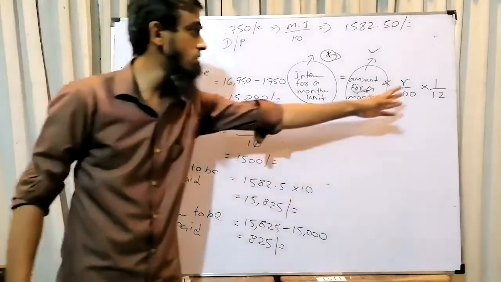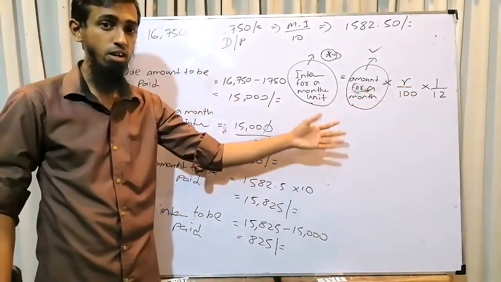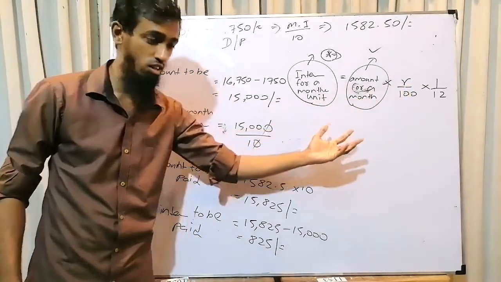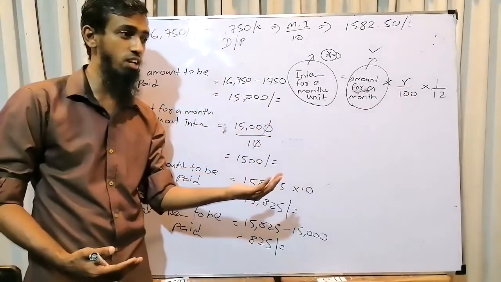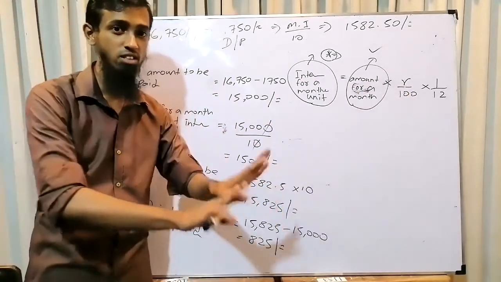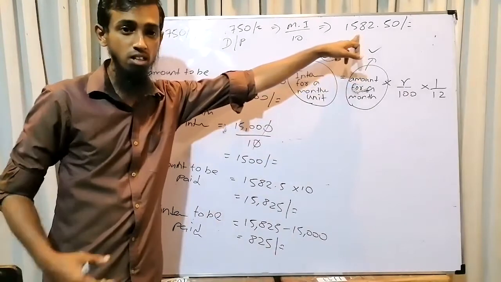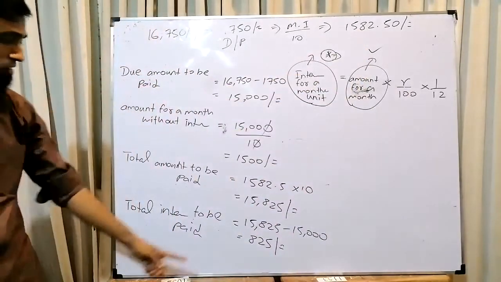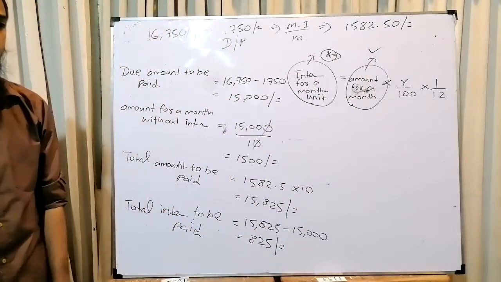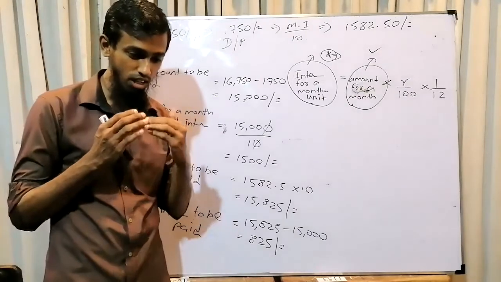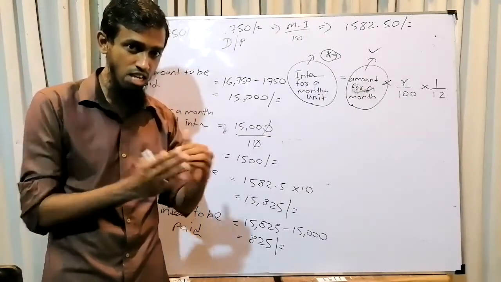If we have the rate, we can easily calculate it, but we don't have the rate. Rate is the question. So instead of finding with the rate, we are going in reverse using the monthly installment. So we have the total interest. What is the connection between total interest and any other portion?